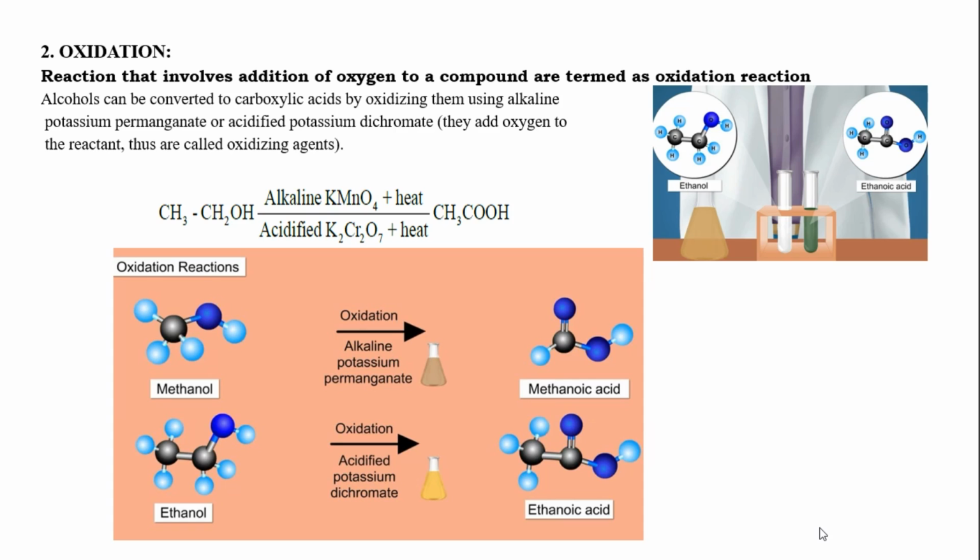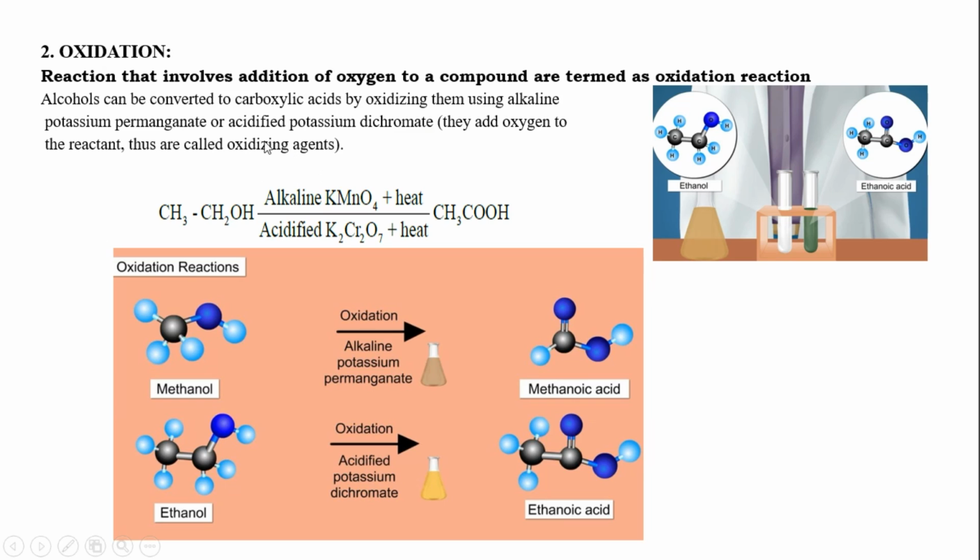The next chemical property is oxidation. We have seen how carbon compounds get easily oxidized on combustion. Here we see an example of oxidation, and by oxidation I mean that there is addition of oxygen to a compound. So reactions that involve addition of oxygen to a compound are termed oxidation reactions.